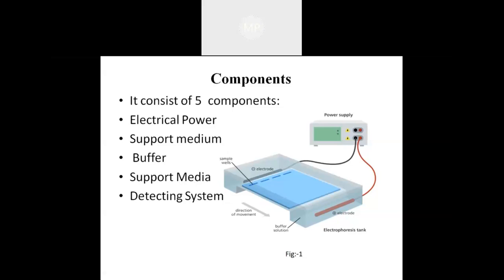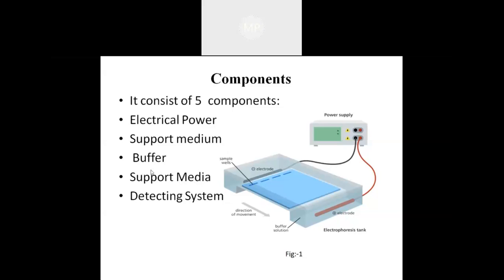The buffer is very important because it consists of electrolytes, and it is an electrolyte solution which carries the current and maintains the pH of the solution. After applying the electrical supply, it is provided through the electrodes, the anode and cathode.